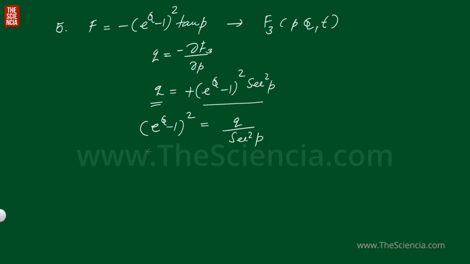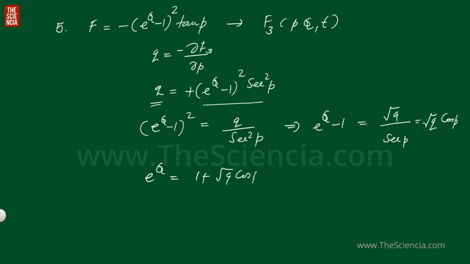So this LHS contains only the new coordinate system. So I can rewrite this equation again, that is e raised to q minus 1 will be equal to root q by sec p, that is equal to root q into cos p, that is e raised to q is equal to 1 plus root q cos p.